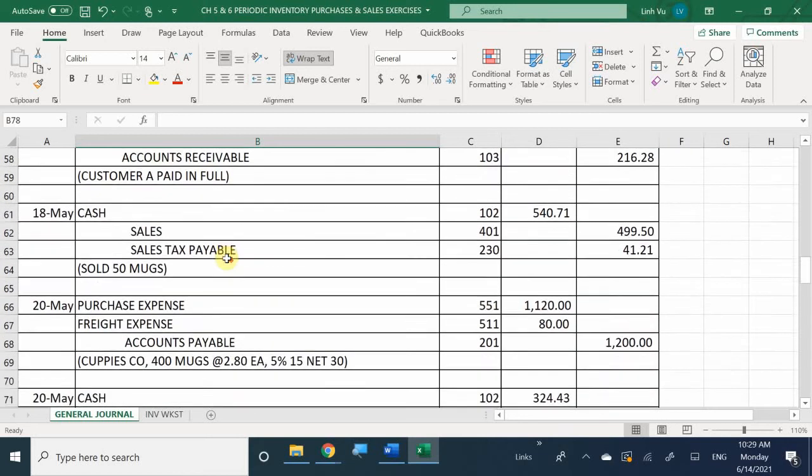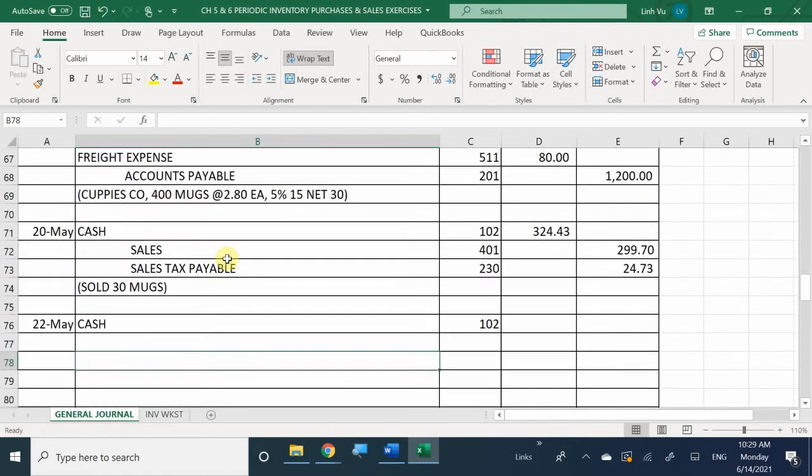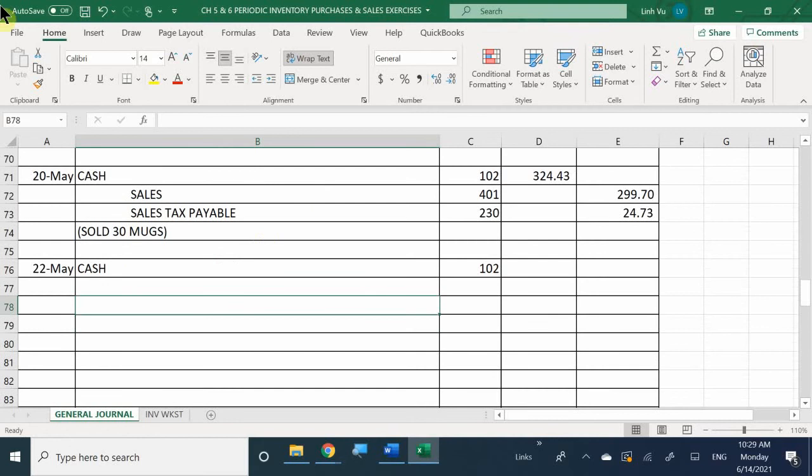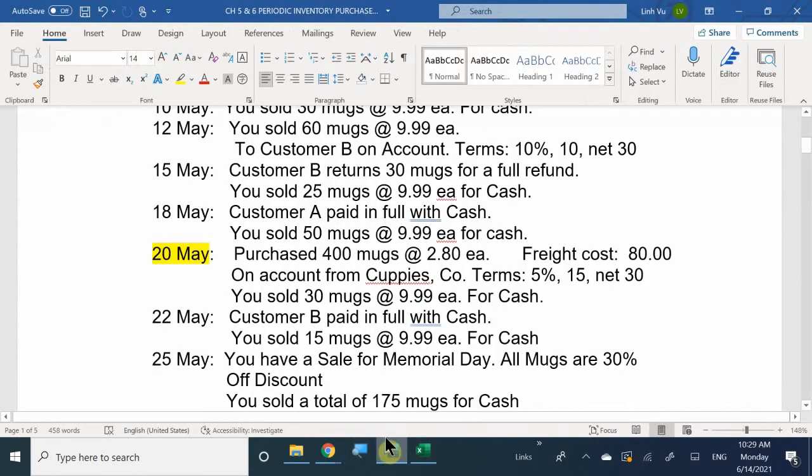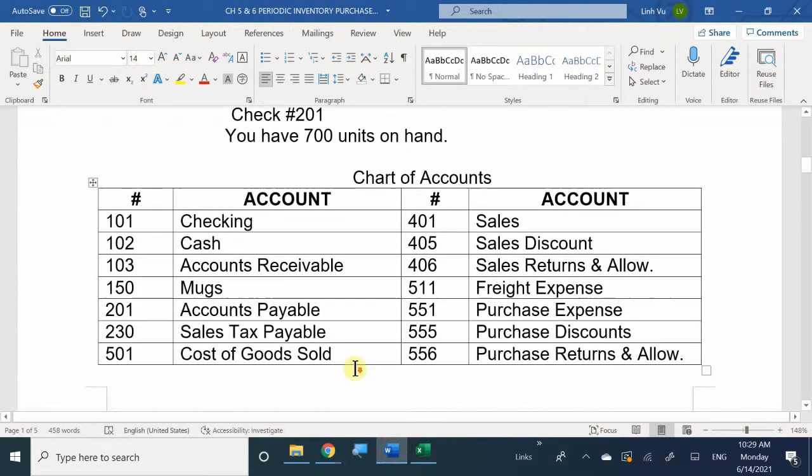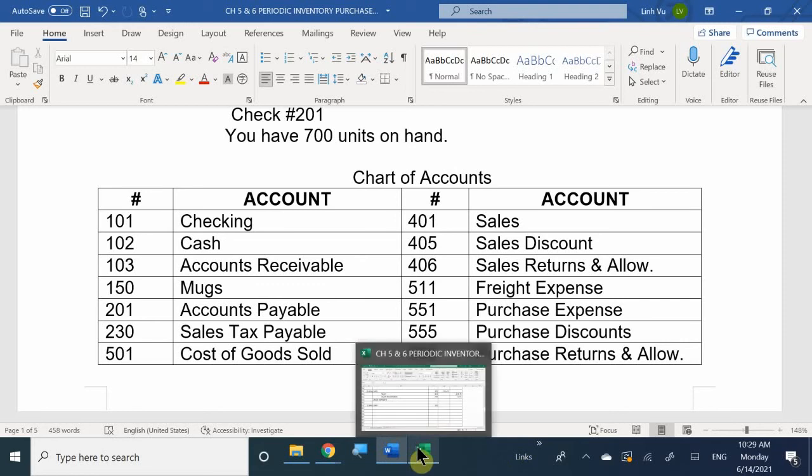So let's go ahead and draw an idea. What account should I be recognizing if he received a discount? There's 405. Early purchase discount? Okay, so this is a customer.